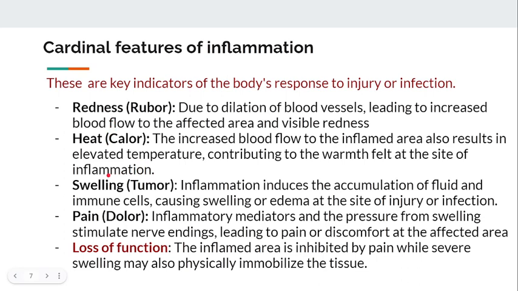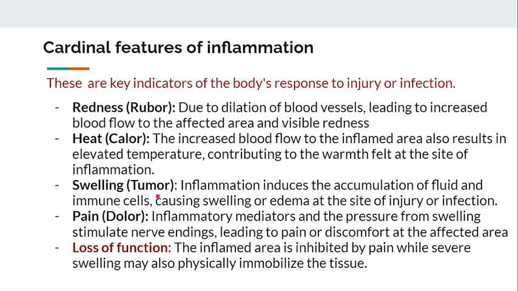Then apart from that, there will be swelling. I'm sure we have all experienced swelling or tumor. So what happens is that when you have injured yourself, there's damage in the interstitium. Okay, that's outside the blood vessels. So what happens is that the neutrophils, they are found in blood, and all other cells that are responsible to take care of inflammation, they are found in blood, and they need to move from blood into the interstitium.